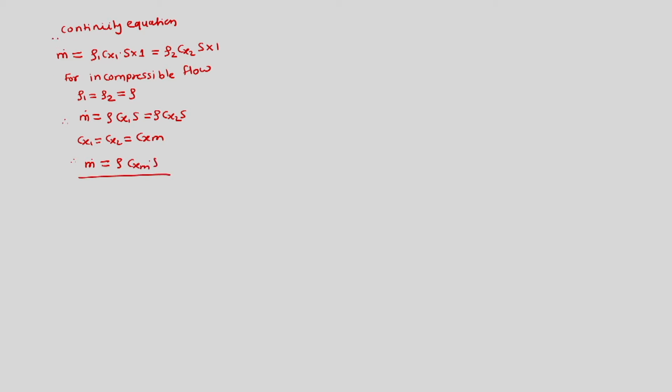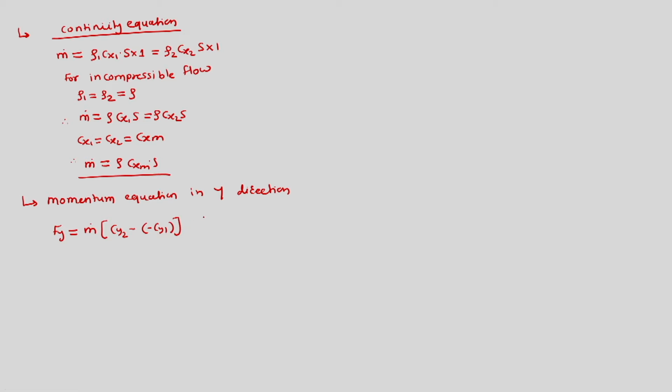Now, let us apply the momentum equation in the y direction. Here we can write the force Fy as having magnitude m dot into Cy2 minus Cy1, with the sign taken into account.